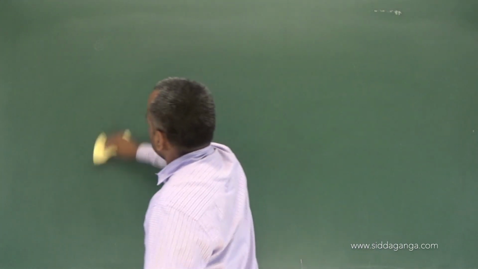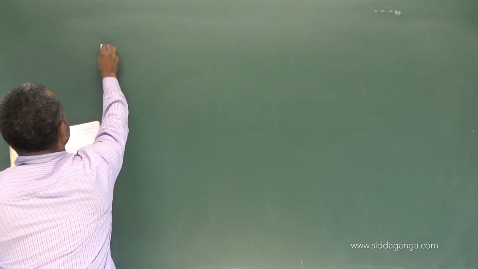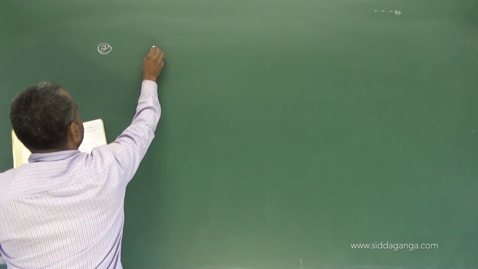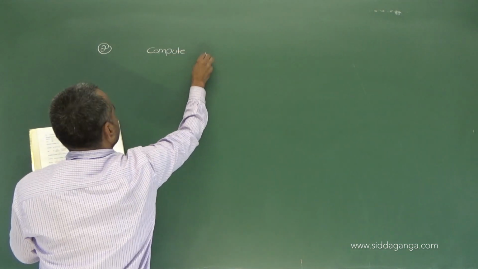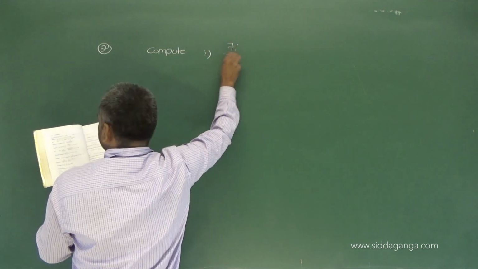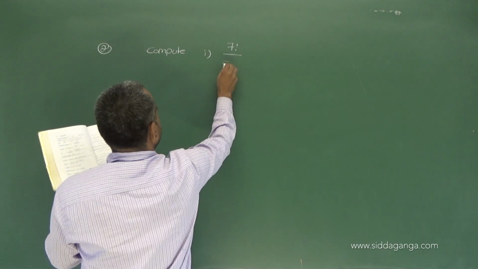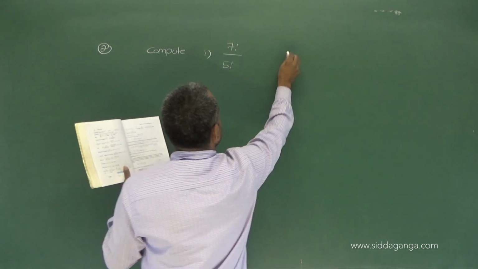Second example, meaning example number 6 in the textbook. Compute: first problem, 7 factorial divided by 5 factorial.